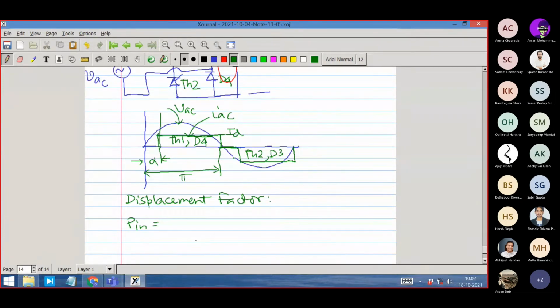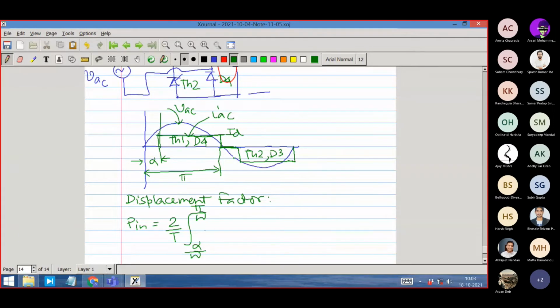In the P in, what we will do is, it is 2 by T, from alpha by omega, because that is where it is conducting. In the other part the current is 0, so there is no question of power. So alpha by omega to pi by omega. That is the conduction duration.